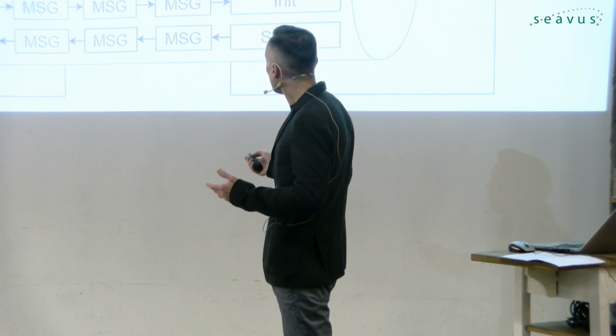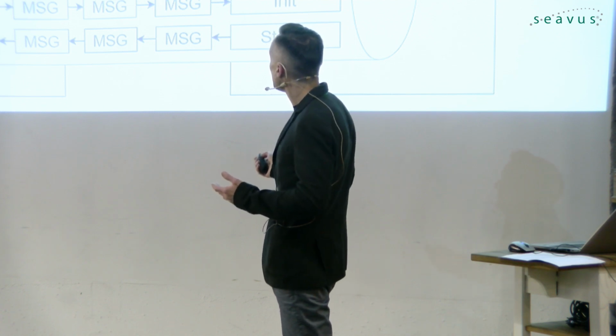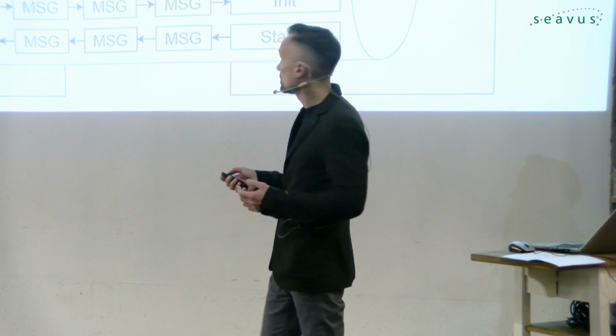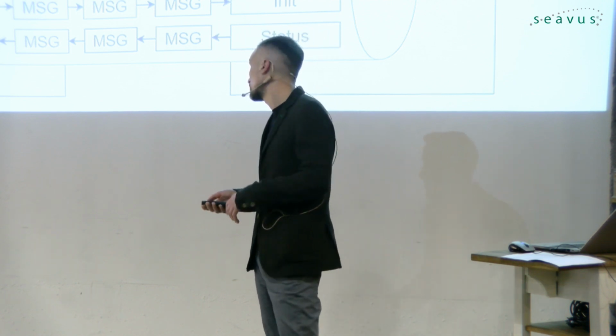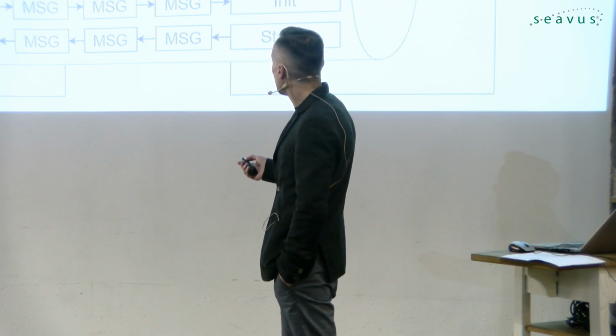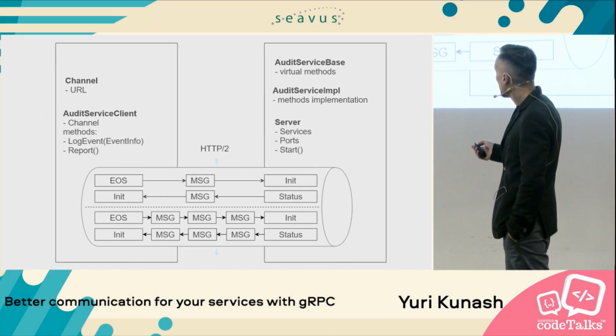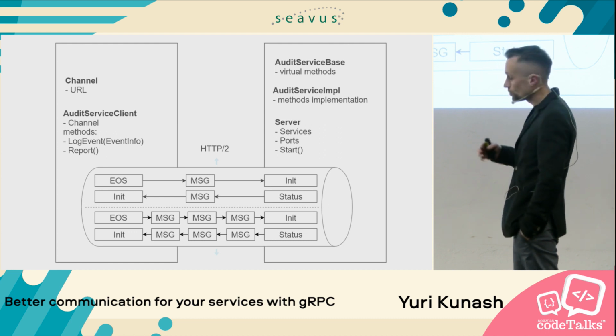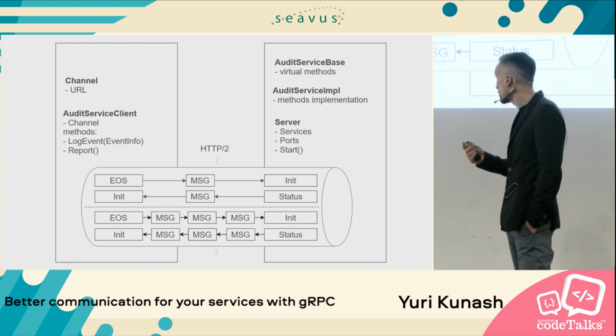What's good here is that by default, gRPC uses HTTP2 as a communication protocol, and with that it can provide you one great feature. So here are examples of two different ways of communication.